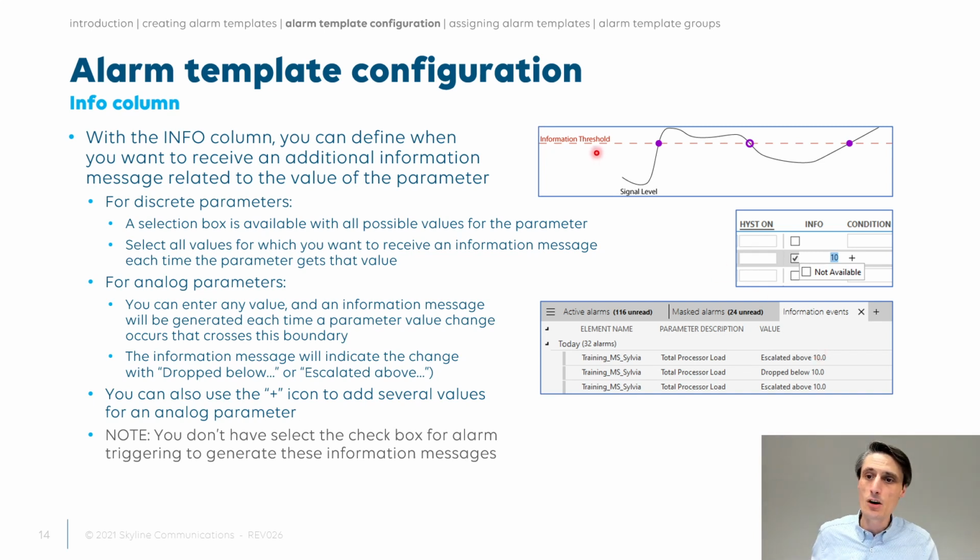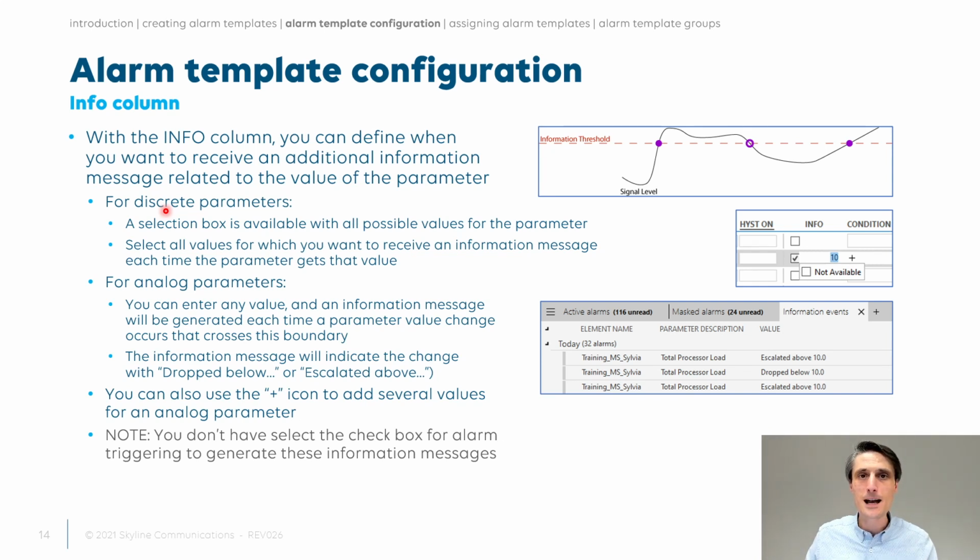You need to have some kind of trigger. This can be a trigger of a correlation rule. So you can activate it on, like in this case, the total processor load whenever it goes above or below the threshold that we defined. You can also define multiple thresholds by clicking on the plus sign, or you have the exceptional value here. And of course, you can also do it for discrete parameters, like I mentioned, like a fan status on/off. You can also activate the generation of information events on these parameters.